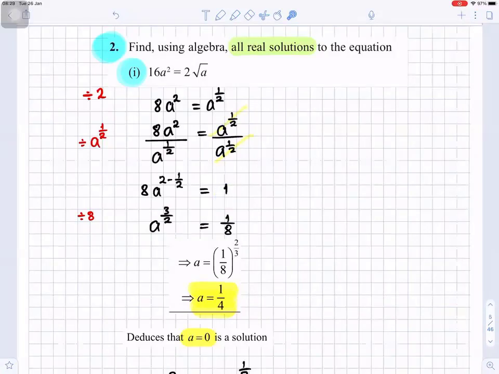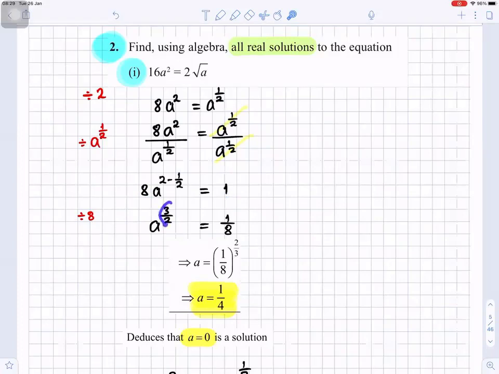A squared divided by a to the half is the same as a to the power 2 minus a half. That gives you a to the power 3 over 2. And then you divide by 8, so it becomes 1 over 8 on the right-hand side.